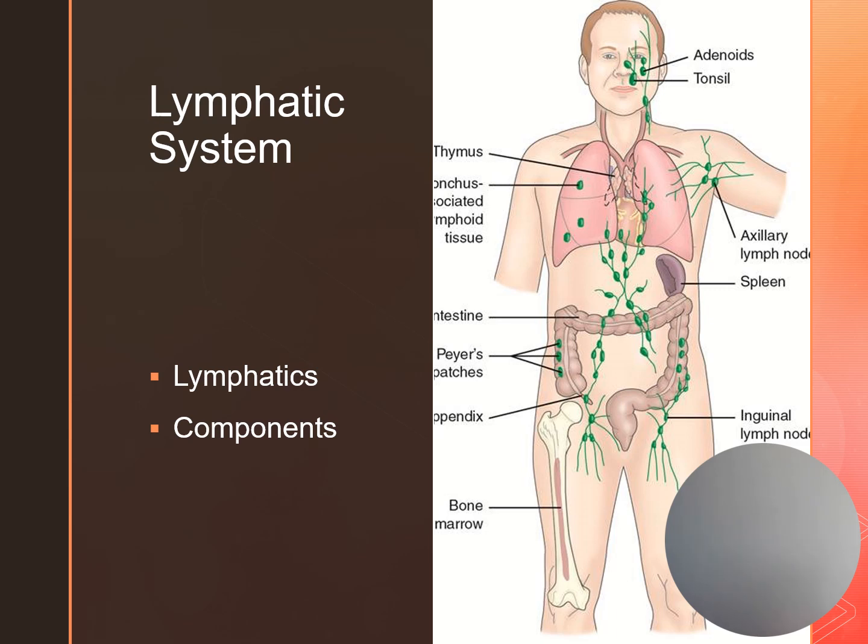B lymphocytes and T lymphocytes remove bacteria and other foreign particles from the lymph, and superficial lymph nodes are located in the axilla, groin, and neck. Lymph fluid will pass through the node, and then macrophages will attack and engulf those substances.